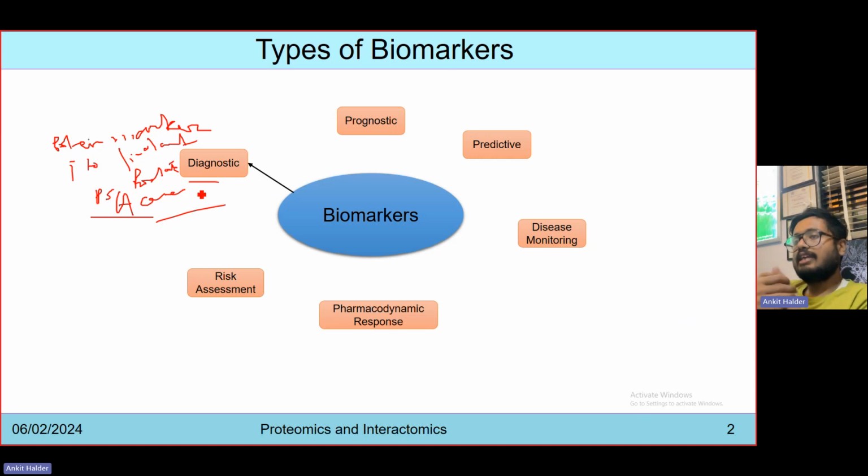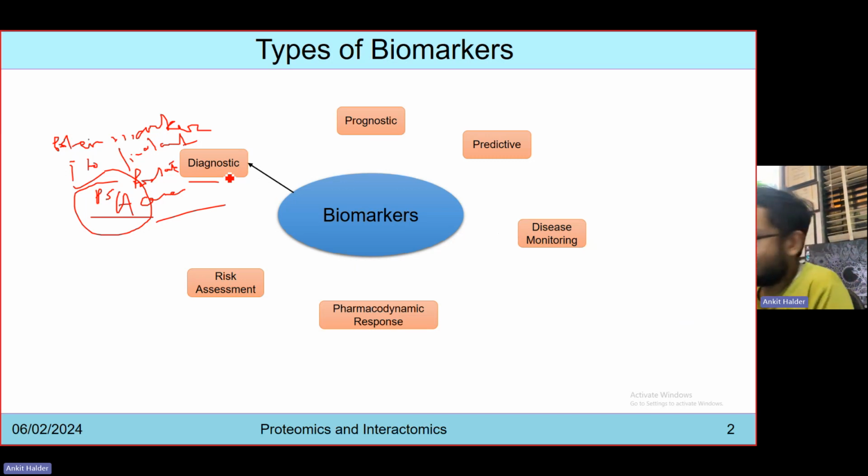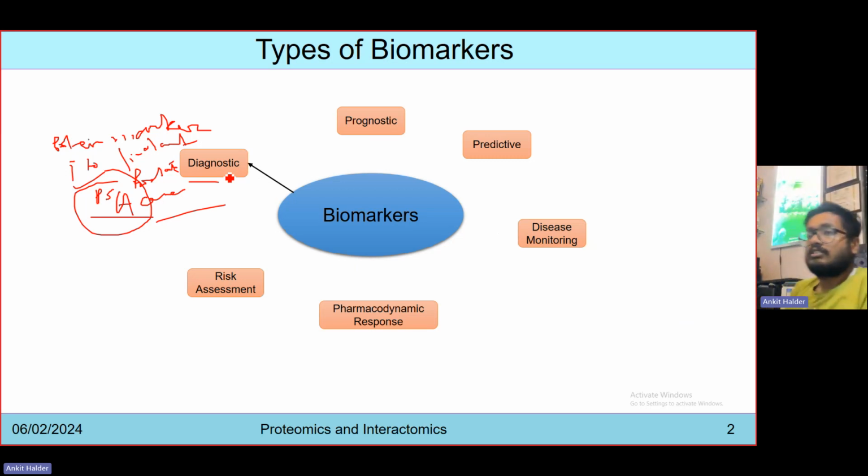In this way, these can all be diagnostic markers. A classic and very useful example is prostate specific antigen, which can help us in the diagnosis of a particular patient, whether the patient is going to have or is having a particular disease or not.